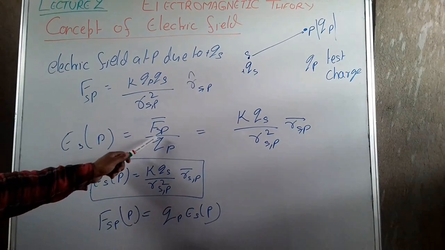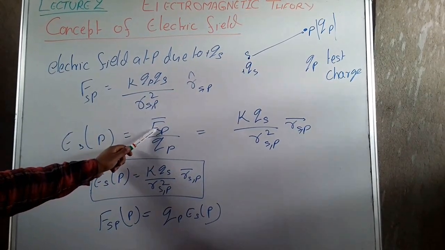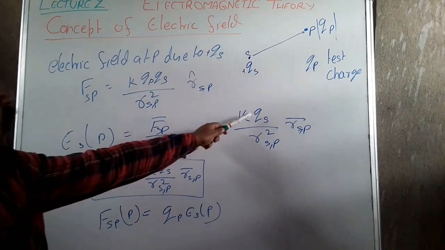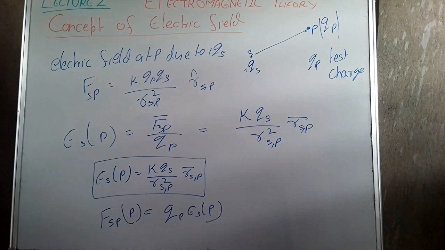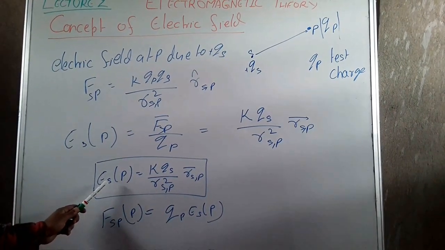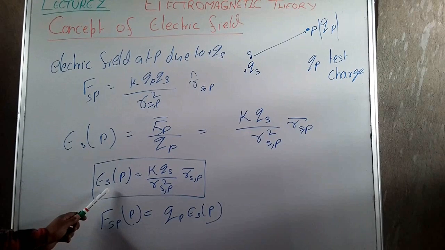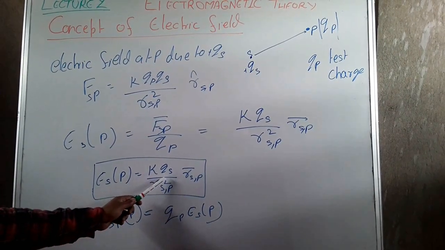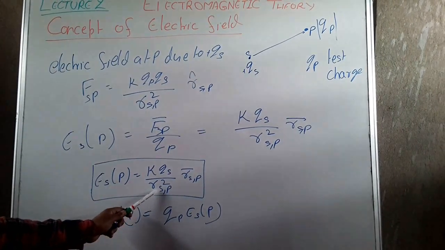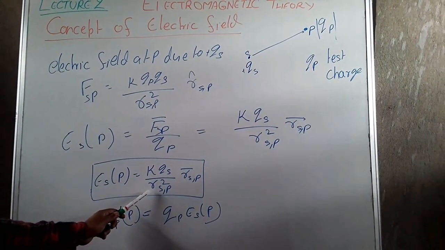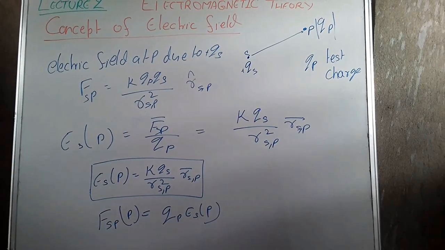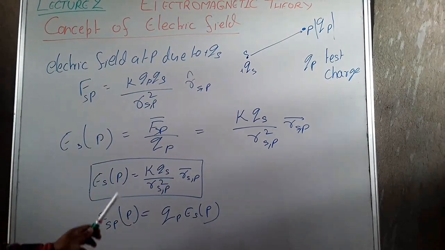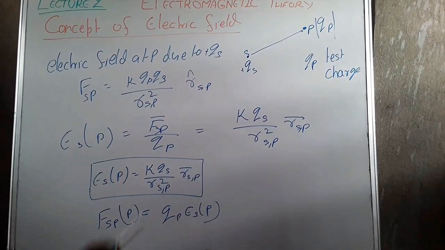So when we put in the value of FSP, Qp cancels out, and we get K Qs by R square SP. So ESP, the electric field due to the charge Qs at point P, is equal to K Qs by R square, where R is the distance between Qs and point P. It means it doesn't matter what kind of charge is placed at point P; it only depends on the source charge.